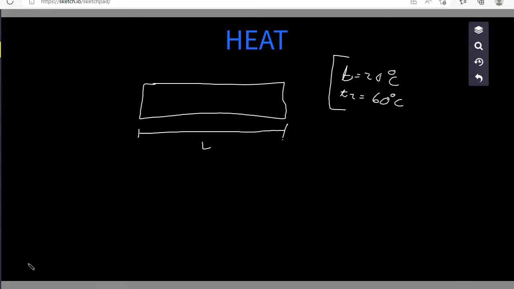We know that if there is an increase in temperature, the material will increase in size, and if there is a decrease in temperature, that material will decrease in size. So here we have an increase in temperature from 20 degrees Celsius to 60 degrees Celsius, and then we have the change in length.